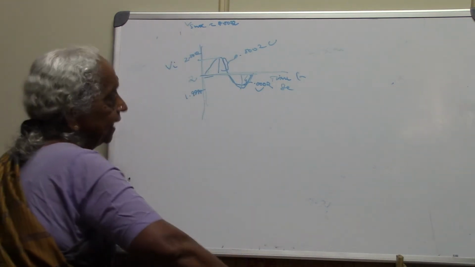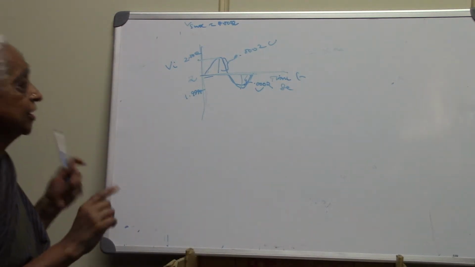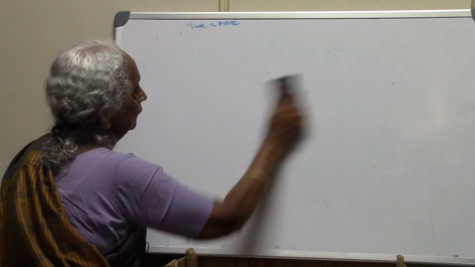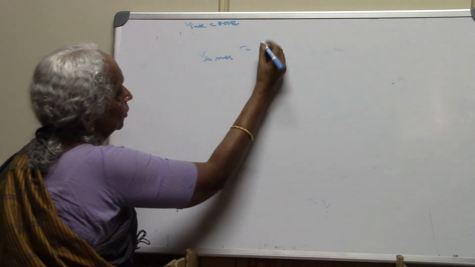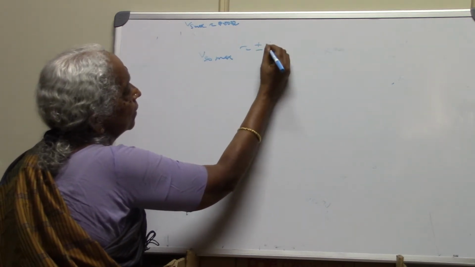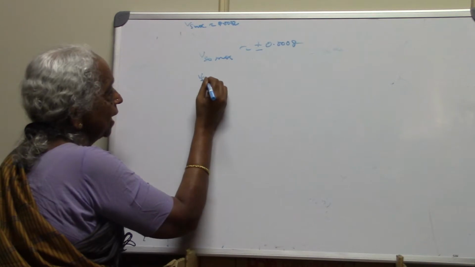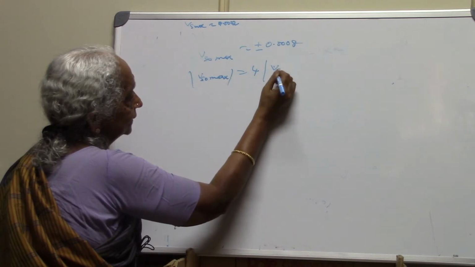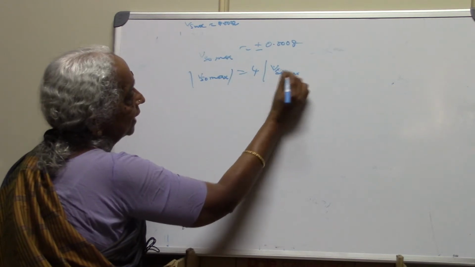Now coming to the output side, VSO, that means the output of the signal alone. Let VSO maximum be equal to plus or minus 0.0008, such that VSO max is equal to 4 times VSI max.